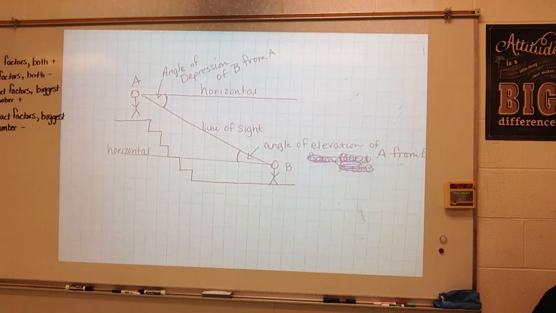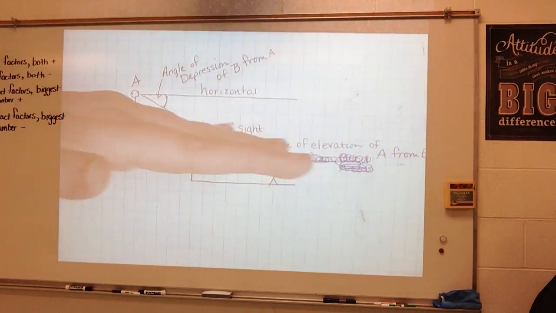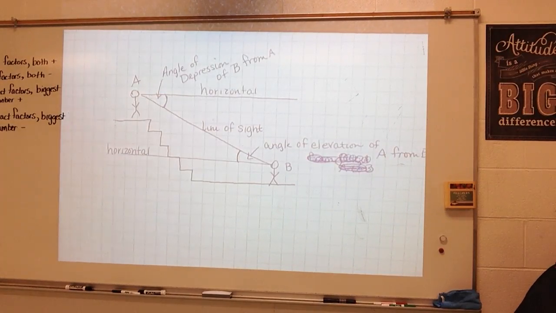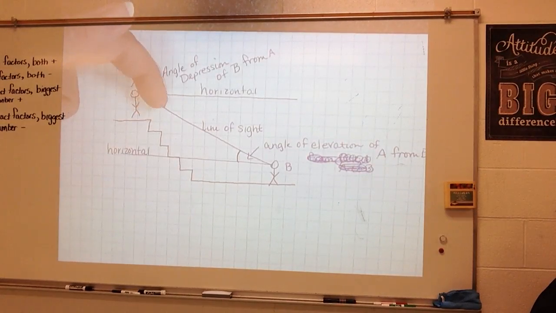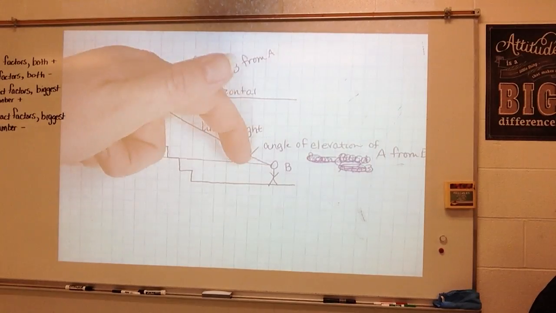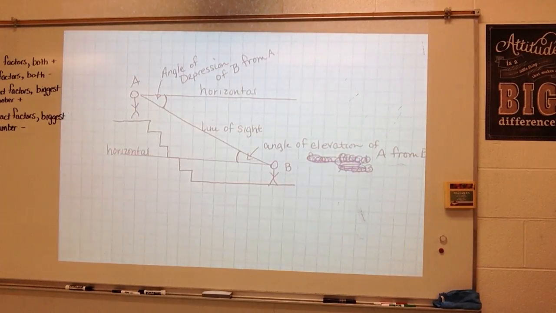In this case, where two viewers can observe each other, such as the diagram here, what do you notice about the measure of the angles of depression and the angle of elevation? Well, if these two lines are horizontal, that means they're parallel lines, so you should notice that the angle of depression and the angle of elevation have the same measure.